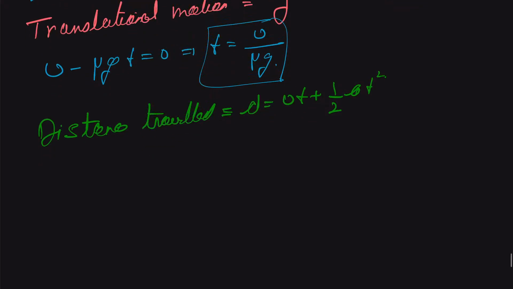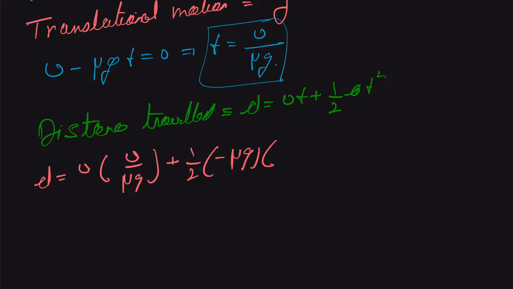Substituting t and a, d is equal to v times v upon mu g, plus 1/2 times minus mu g times v upon mu g whole square.